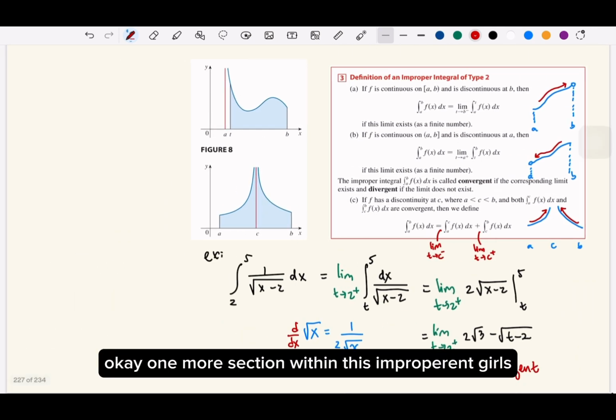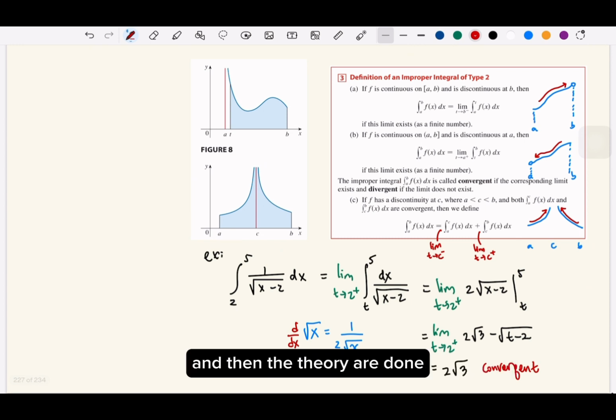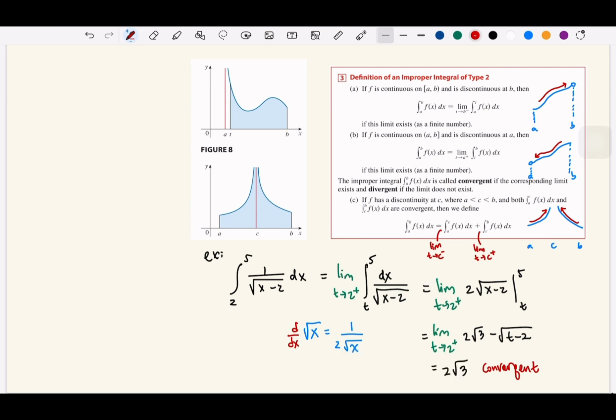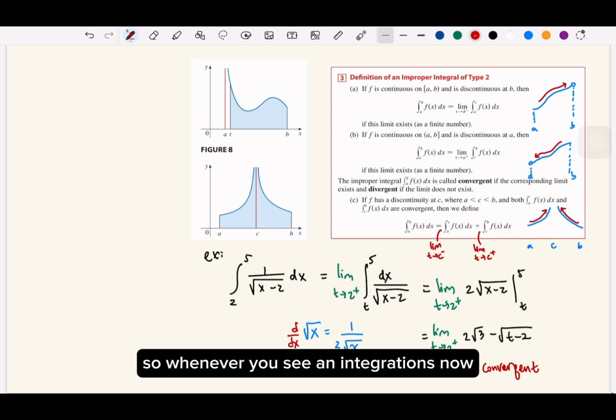Okay, one more section within improper integrals, and then the theory is done. So what is left is only practice and exercises. Whenever you see an integration now, since you have improper integrals, be careful.